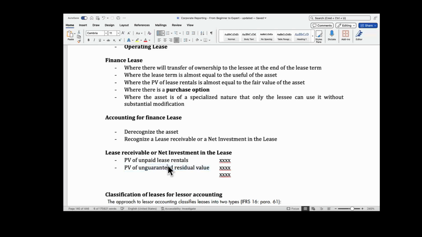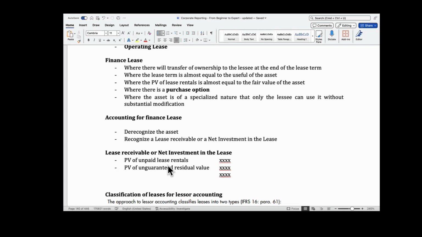Being a lessor, he believes that the residual value of the asset should belong to him. That is, after the lease term, whatever is remaining of the asset, which is a scrap value or a residual value, should belong to the lessor.